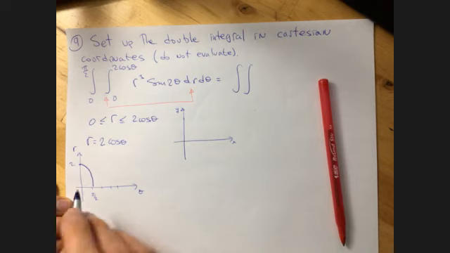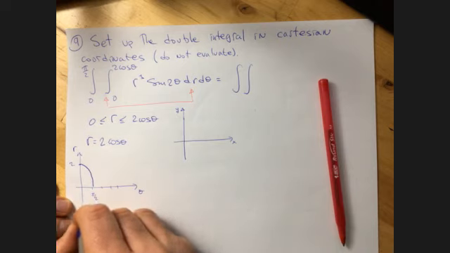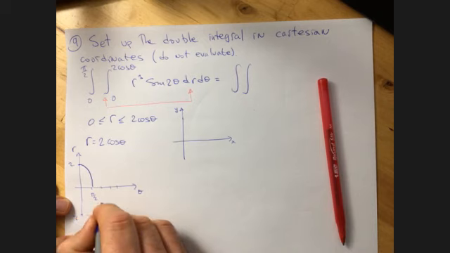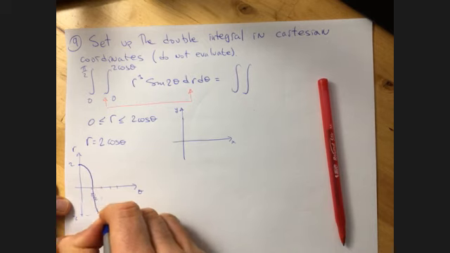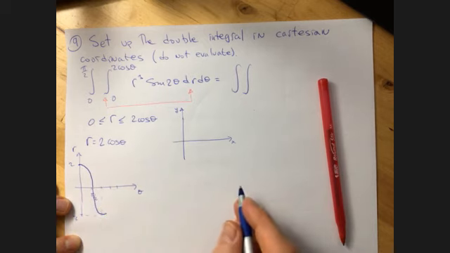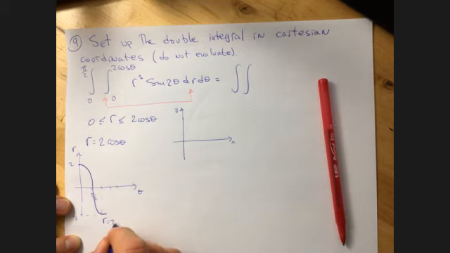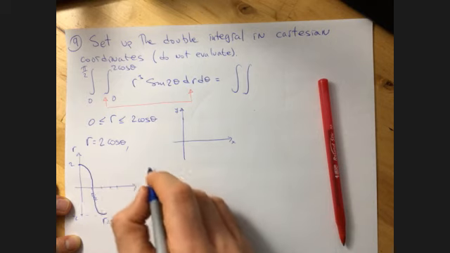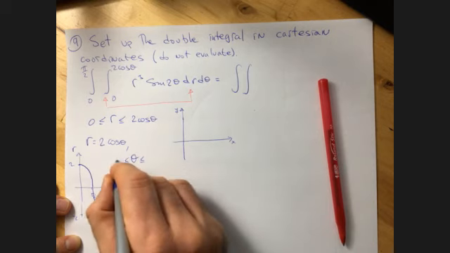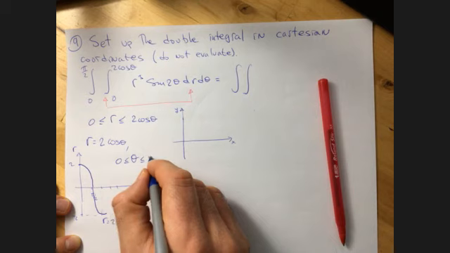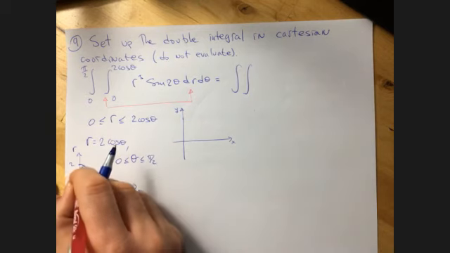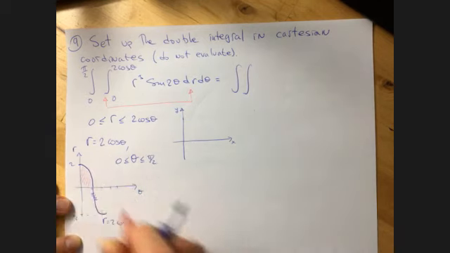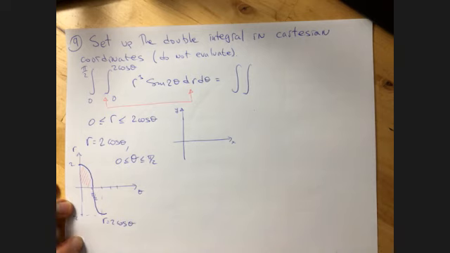Here I have this negative 2. And this curve continues, right? This is just r is equal to 2 times cosine theta. But then it says that theta is just between 0 and pi over 2. So we're just talking about this region right here.